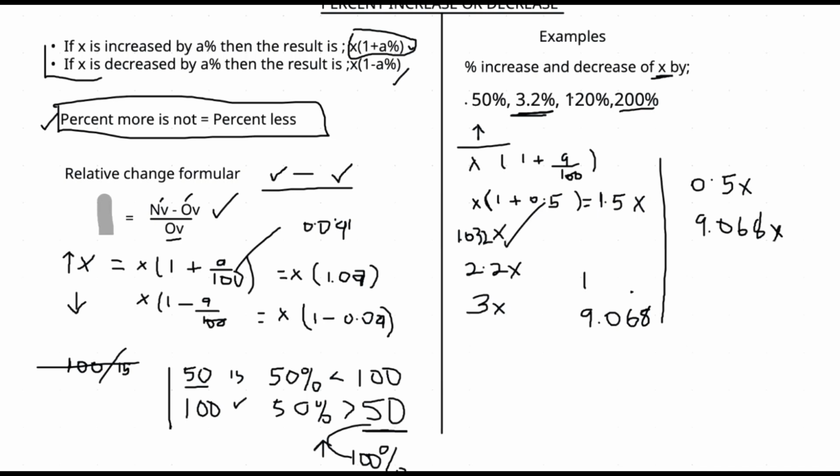Now the third one, percent decrease by 120%. Same thing, you divide by 100, you have 1.2. 1 minus 1.2, you have a negative number here.